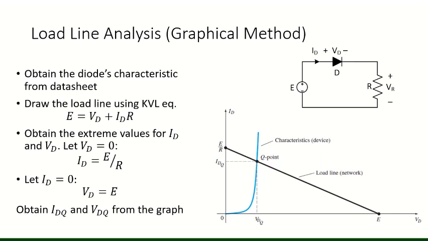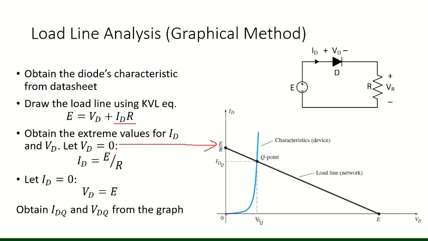So coming to the horizontal axis, when VD is 0, then the equation will be E is equal to ID into R, or ID is equal to E by R. So when VD is 0, I is equal to E by R. Putting here I is equal to E by R, this is where VD is equal to 0.